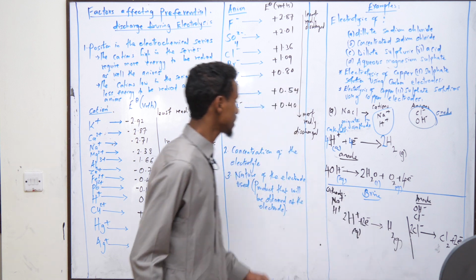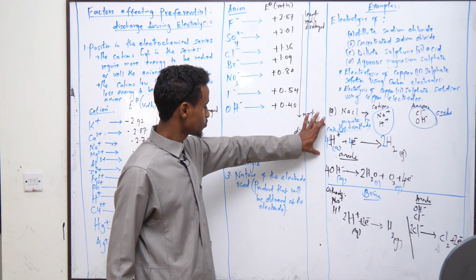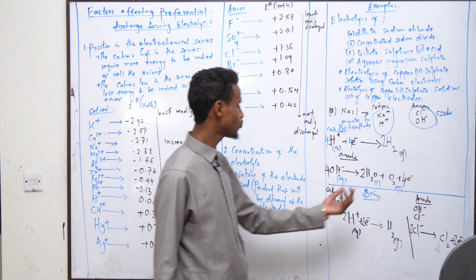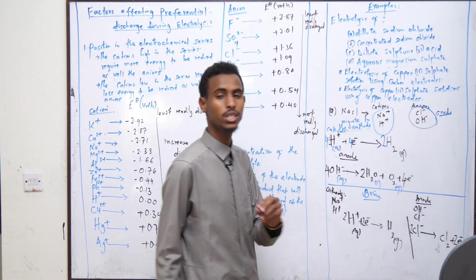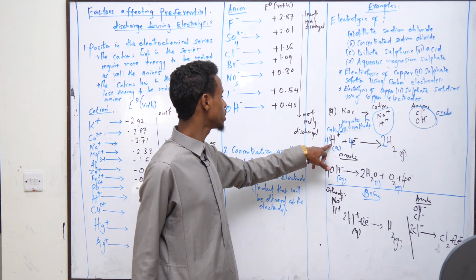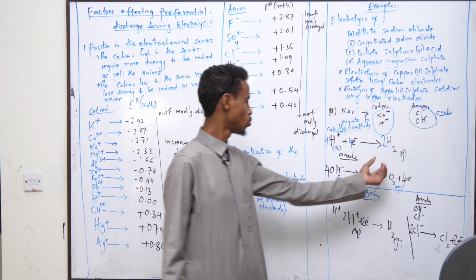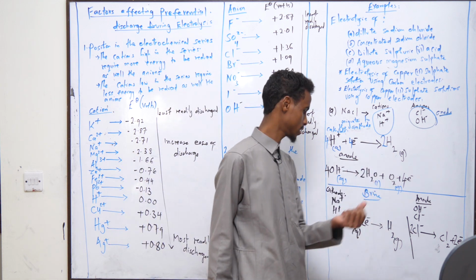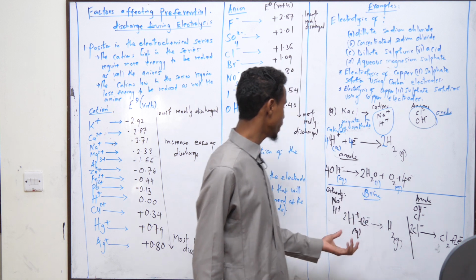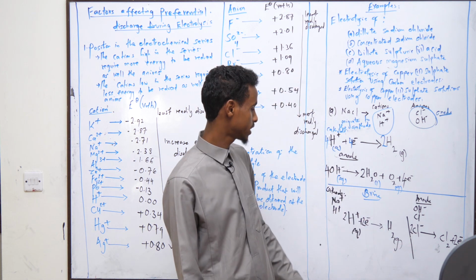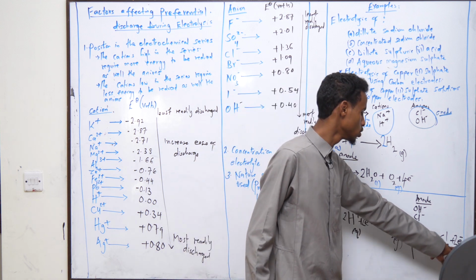Now we can see, class, that in this case the hydroxide ions lost 4 electrons, and that is why we require 4 hydrogen ions to gain the 4 electrons to produce 2 moles of hydrogen gas. In this case now, the chloride ions will be preferentially discharged, and they are going to lose 2 electrons.